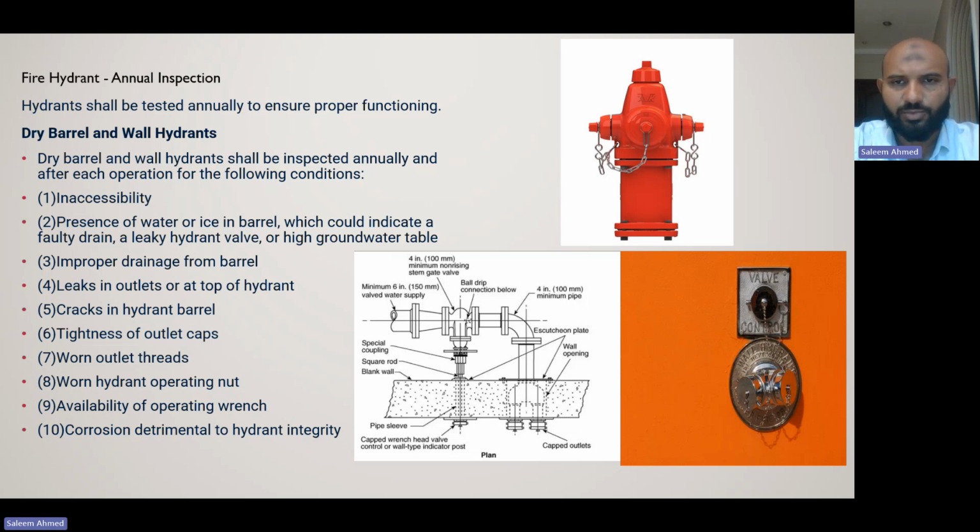So inaccessibility to be checked. Is there any impedance or obstruction for reaching these hydrants? Presence of water or ice in the barrel, improper drainage from the barrel, leaks in the outlet or top of the hydrant, cracks in the hydrant barrel, tightness of the outlet cap, worn out threads on hydrant operating nut, availability of operating wrench, corrosion detrimental to hydrant integrity.